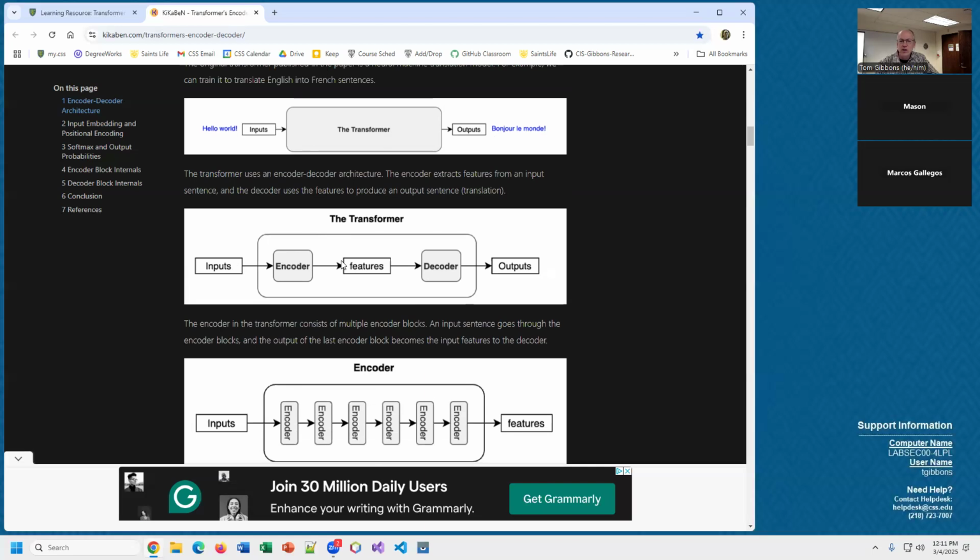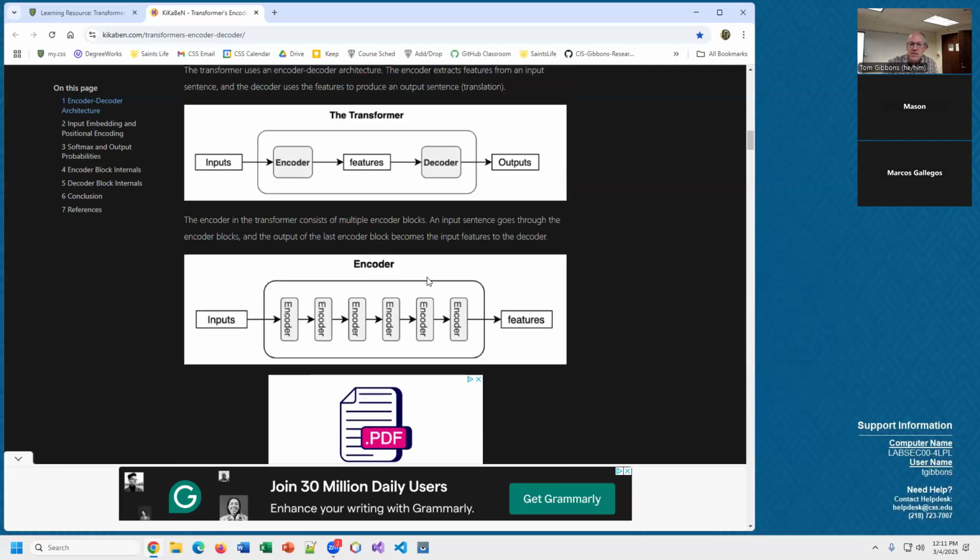We use the encoder to create some internal meaningful representation, sometimes called a feature space. And then from that, we have a decoder, which will take that feature space, that internal representation of that sentence or those words, and create the output. And the idea is that we could substitute different encoders and decoders in here to do different things.